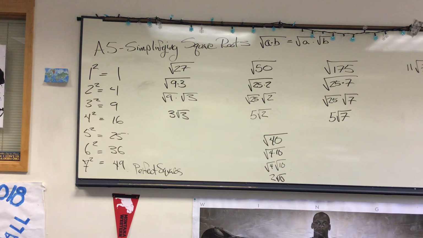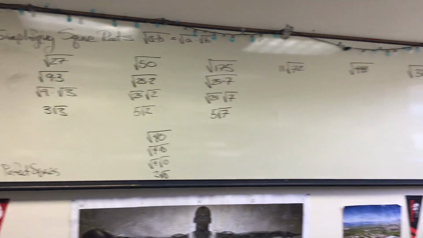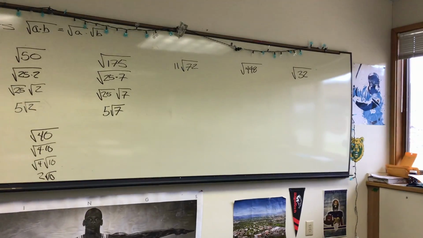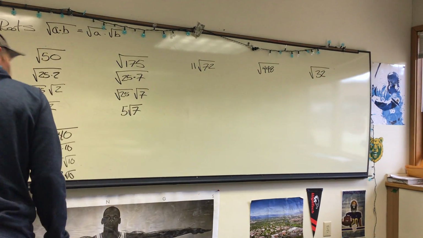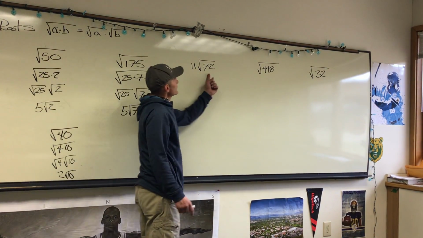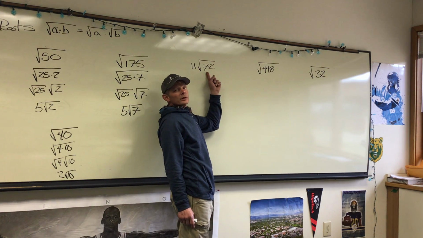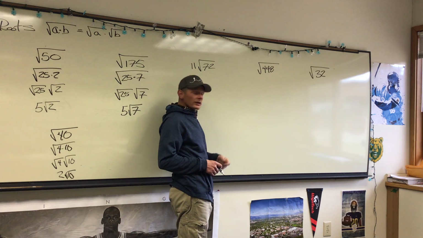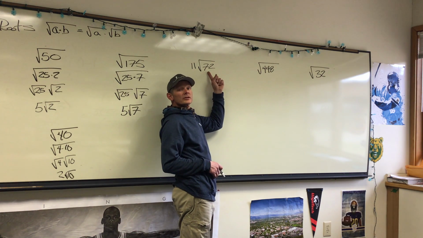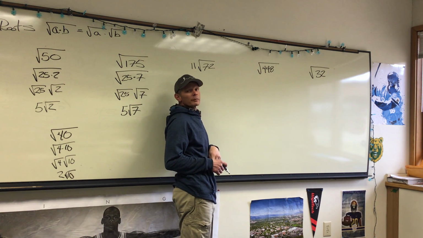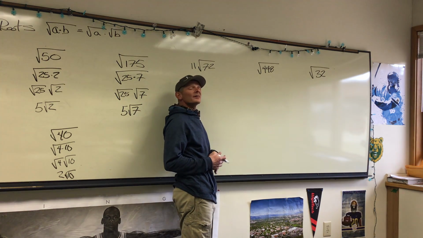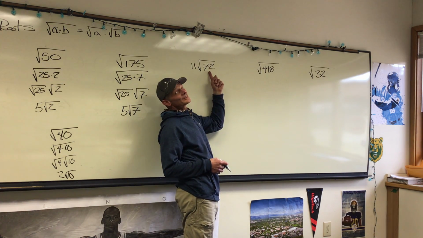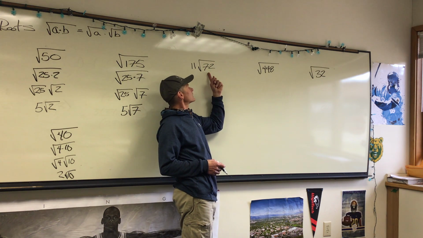Let's look at 3 additional problems. 11 square roots of 72. This one's just different because there's an 11 out front, right? Same kind of game. I'm going to ask you, what's the biggest perfect square that divides that thing? If you can't tell, you can ask for factors of 72 and find which ones are perfect squares, or you can just kind of go through the list. 64 is a perfect square. It doesn't divide it. Does 36?